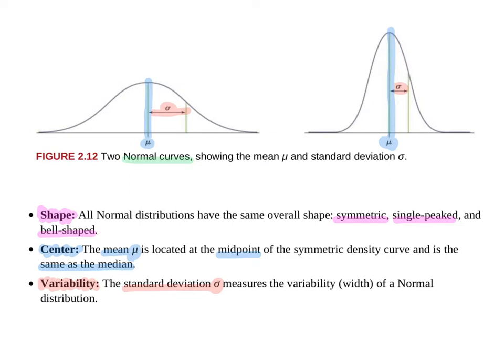It's the midpoint of a symmetric density curve and is the same as the median. So mean and median are in the same exact place. So variability, the standard deviation, that sigma, is the measure of the variability or the width of a normal distribution.